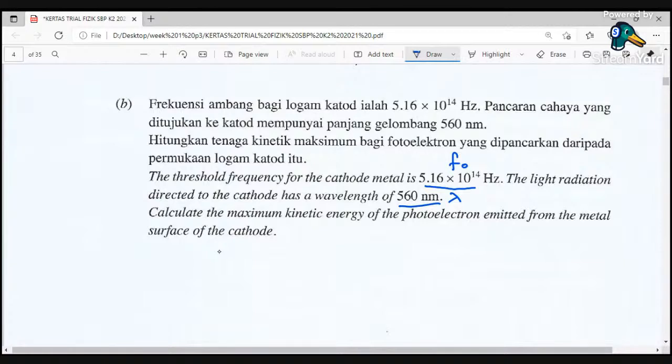Calculate the maximum kinetic energy of photoelectron emitted on the metal surface of the cathode. Okay, formula. What formula should we use from here?